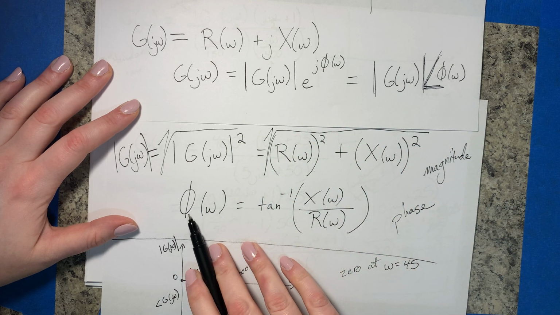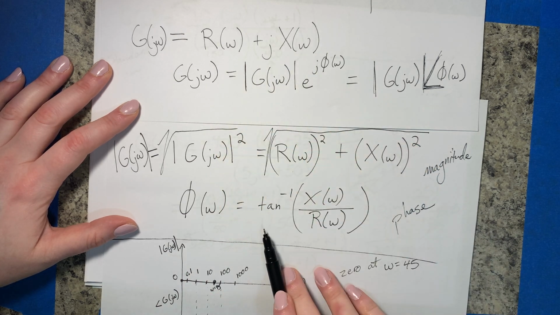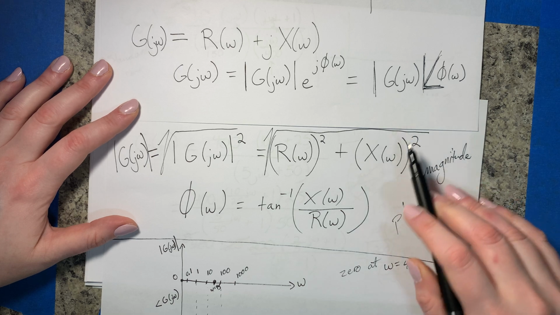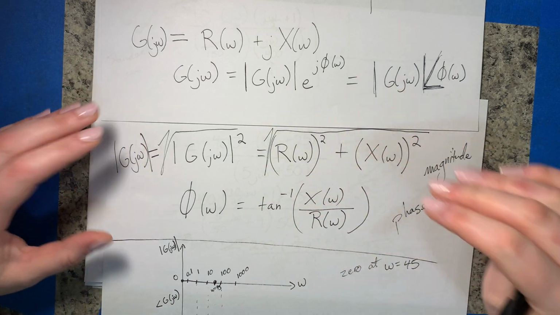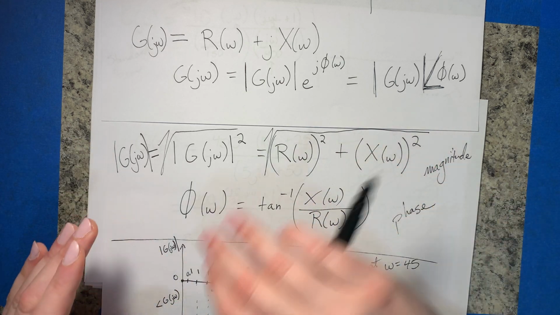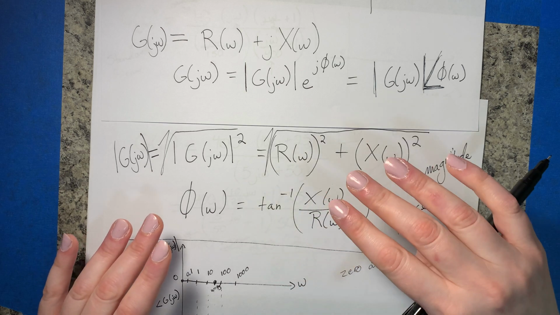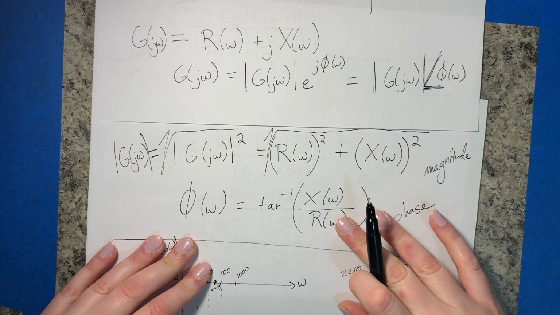And then the phase angle can be found by taking the inverse tangent of these two parts of the functions. And so you can always do calculations this way. It would tend to be a little more tedious for the Bode plots. It's much better to just do the estimate plots, the techniques that I'm about to show you. But you can always come back to this if you ever need to.